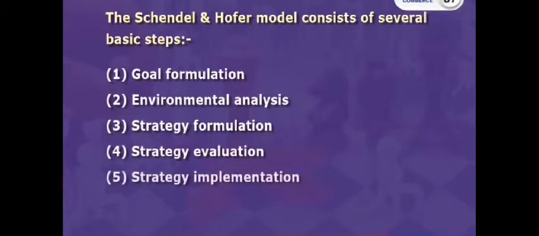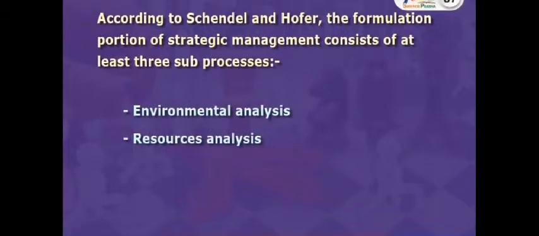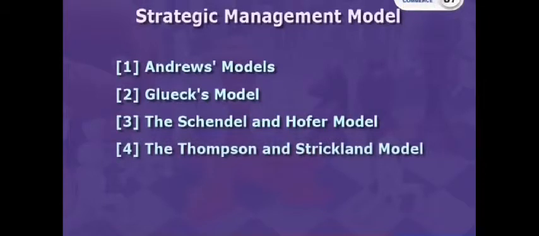Fifth, strategy implementation. And sixth, strategy control. According to Schendel and Hofer, the formulation portion of strategic management consists of at least three sub-processes. First, environmental analysis. Second, resources analysis. And third, value analysis.